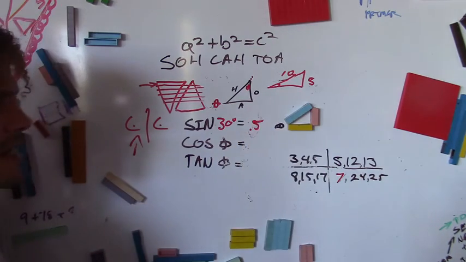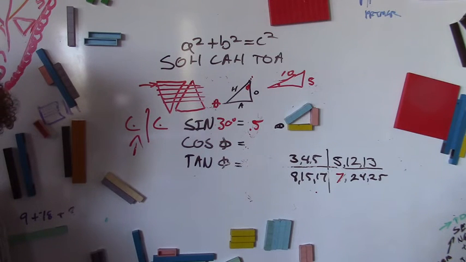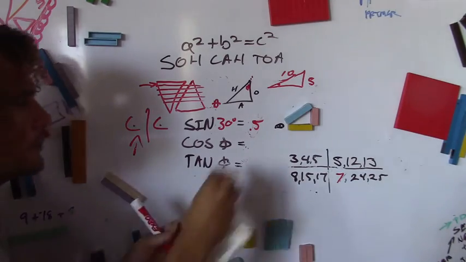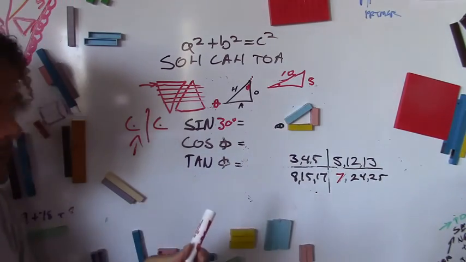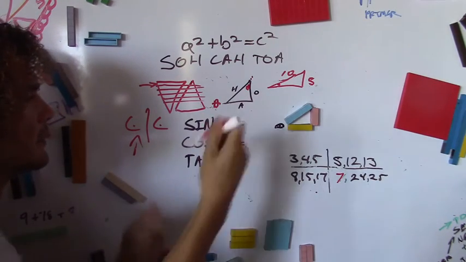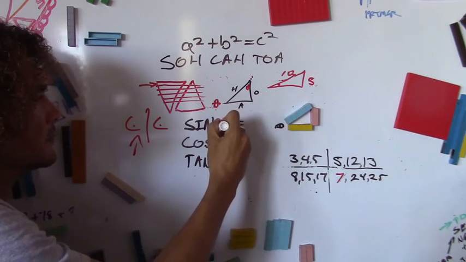If all I know is sine 30 is 0.5, I have missed quite a bit of the mathematics, wouldn't you say? Let's go back to theta. Well, I know what I'll be working on Monday.